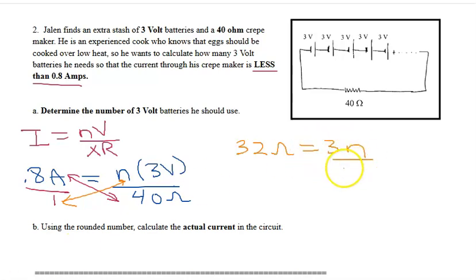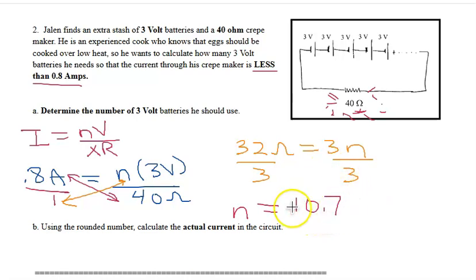Then we divide by 3 and divide by 3, and you get N equals 10.7. Because this had more resistance, I need more batteries, and I'm actually going to get less current. Remember, resistance means this is taking energy away, and this is taking more energy away than the light bulbs were. So I need 10.7.